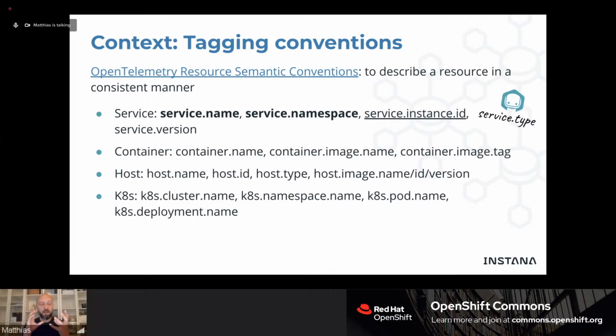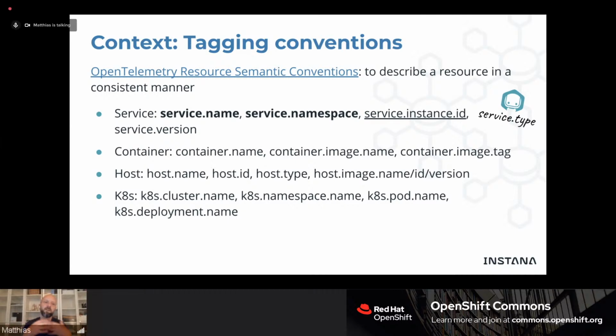Then you've got a unique identifier of what actually serves this, right? Again, in Instana, we also have the service type, which I think makes certain use cases easier to get at, but OpenTelemetry does not know this. Now, so we've got the service, right? And if we're using this tagging scheme, then we can start correlating things together.